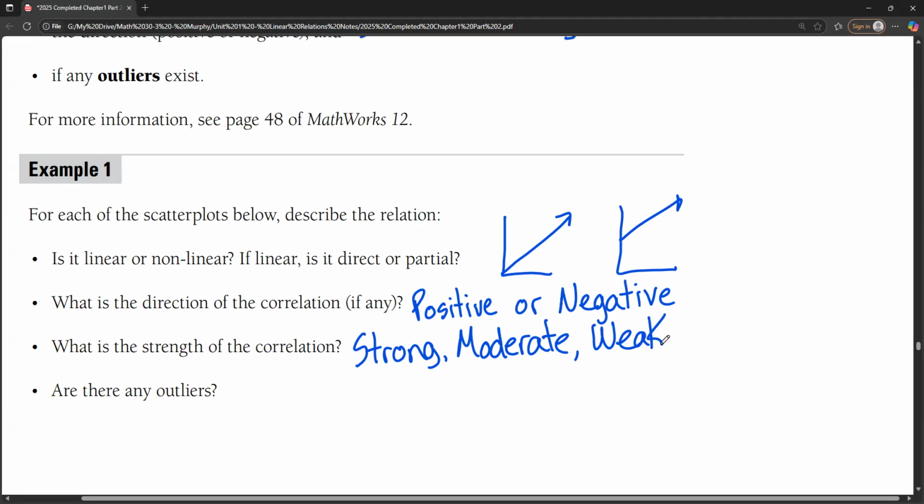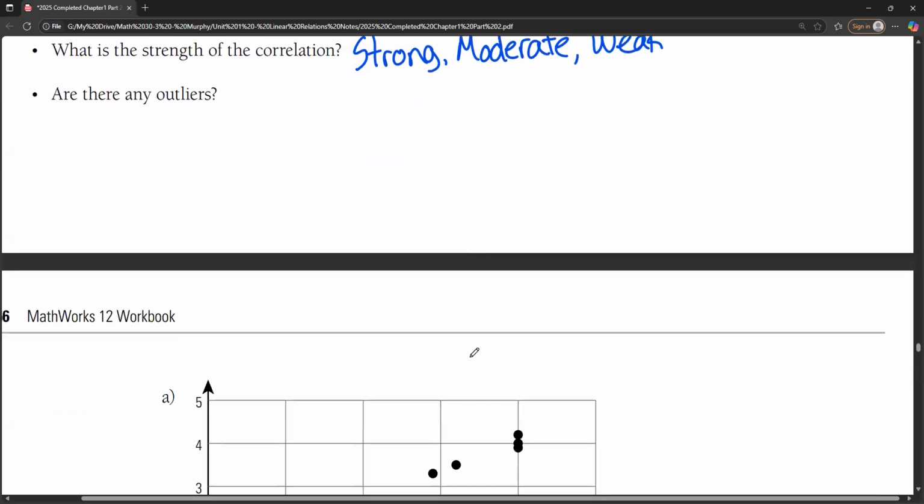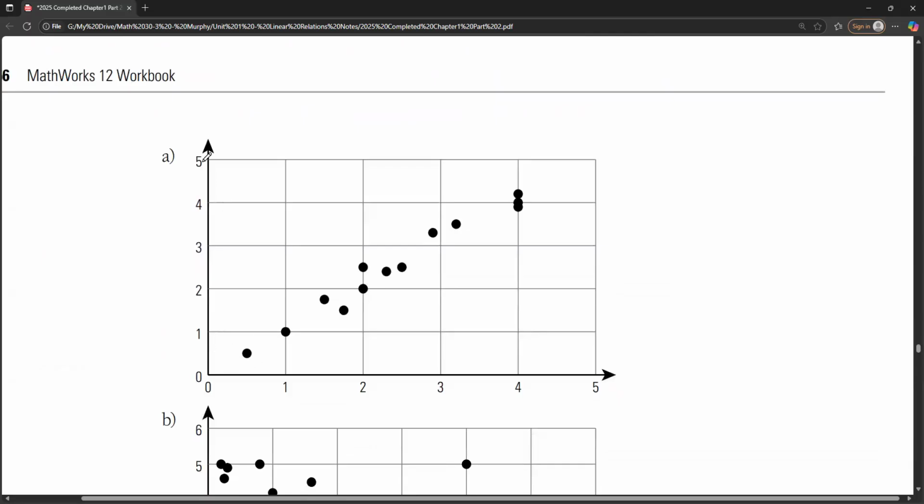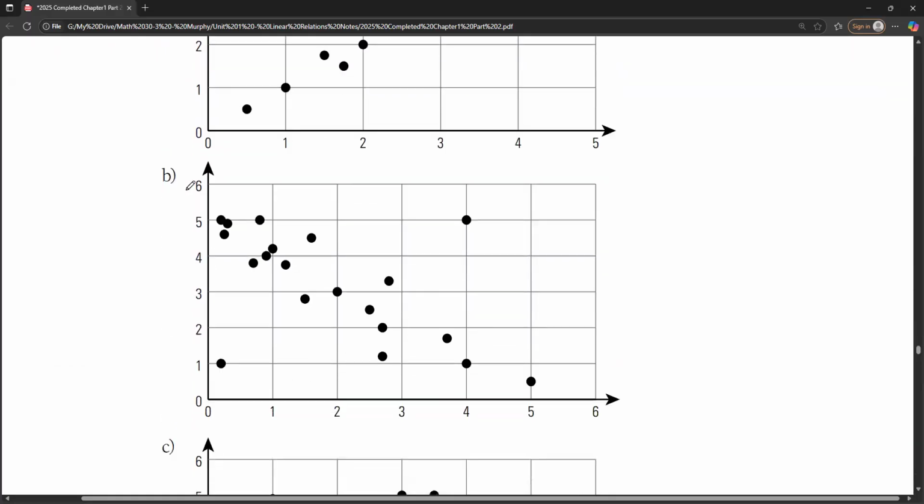Let's flip it over and take a look at the four graphs here. Here's A, a bunch of data points, and you can kind of see the trend. Here's B, a bunch of data points. You can kind of see the trend line. Here are your outliers. You can circle them.